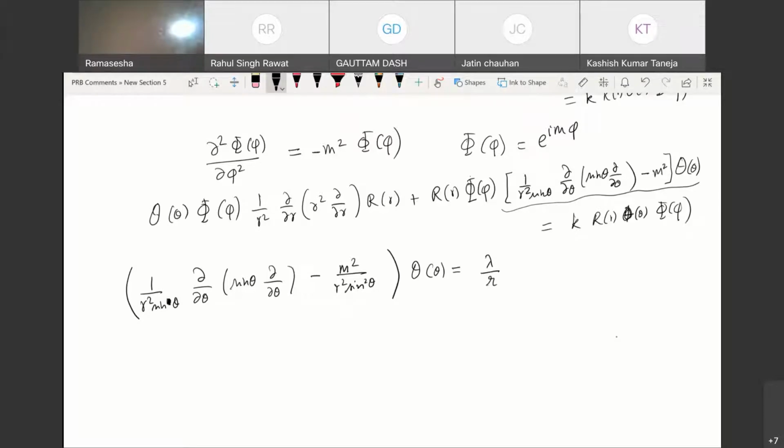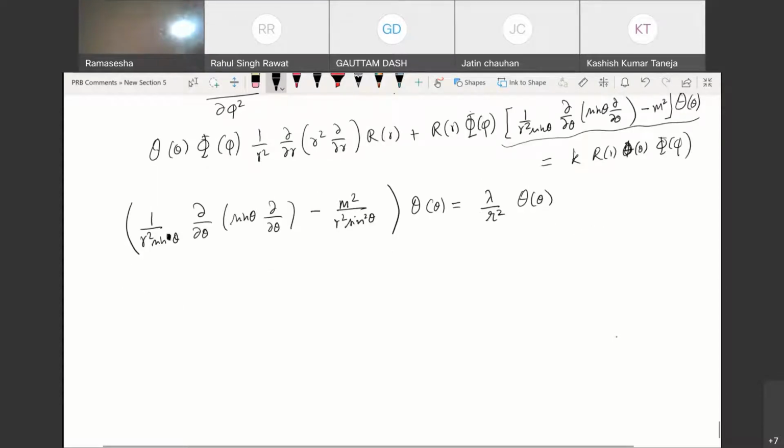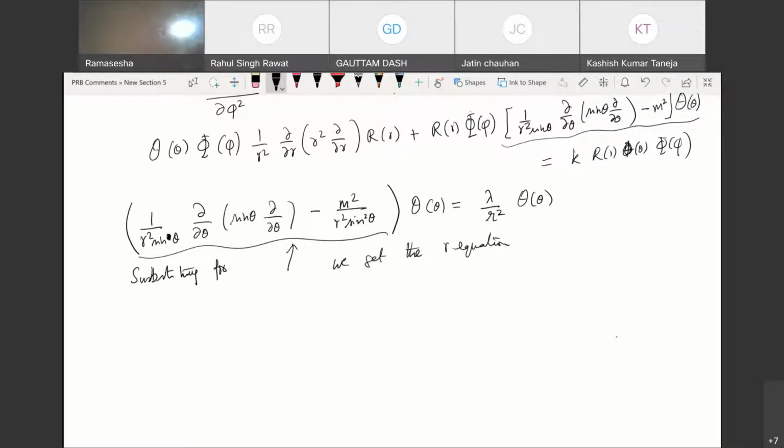Then with the constant lambda put out, I will get the R equation: del by del r of r squared del R by del r plus m squared by r.